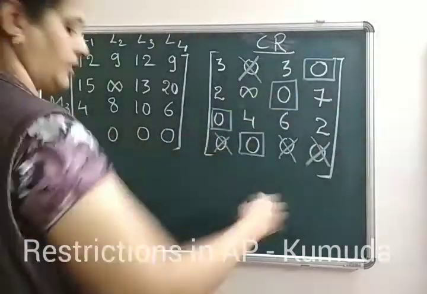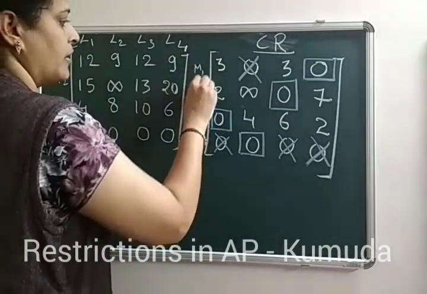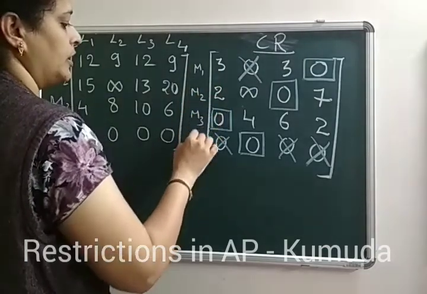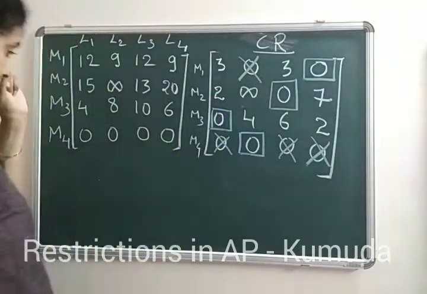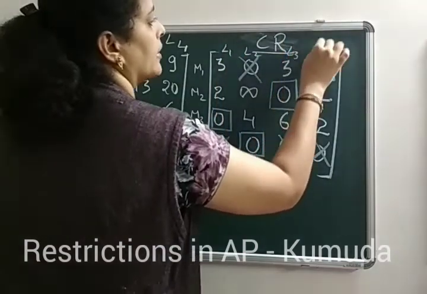So after we make the actual assignments, we can see that we have the machineries M1, M2, M3 and M4 which are being installed in the areas called L1, L2, L3 and L4.